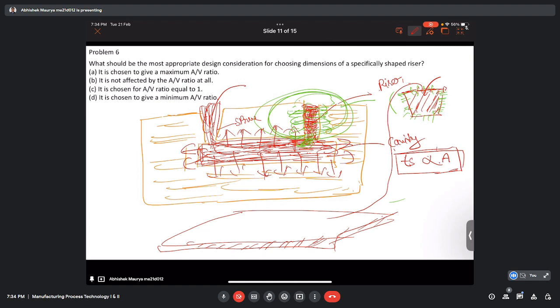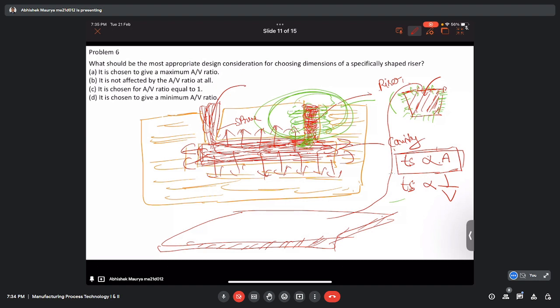If we have more volume, it means we have more molten metal and more heat, so solidification will take longer.